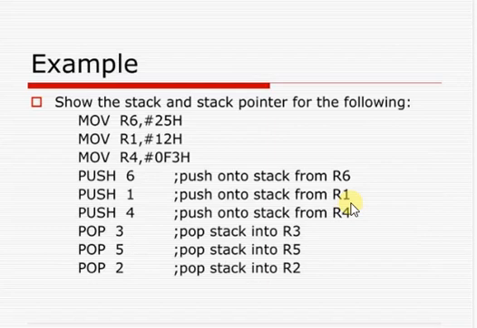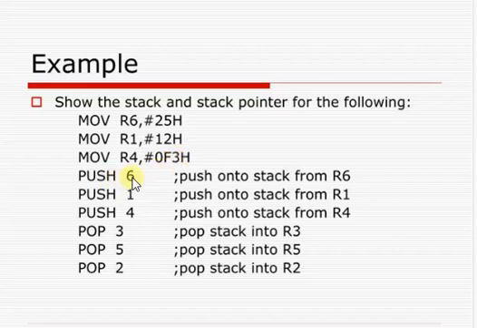Example for the stack. MOV R6, #25 means the value 25 is transferred to R6. Then MOV R1, #12H, 12 is transferred to R1. MOV R4, #0F3H, then the F3 value is transferred to R4.